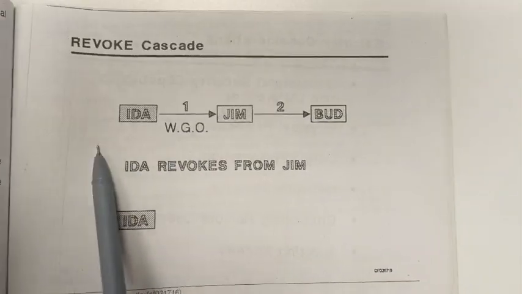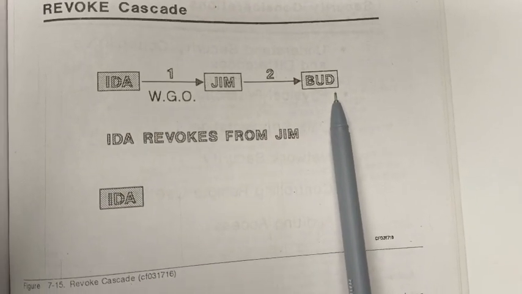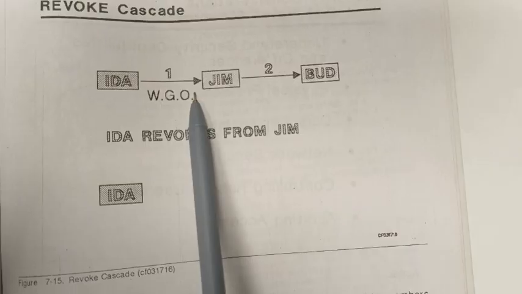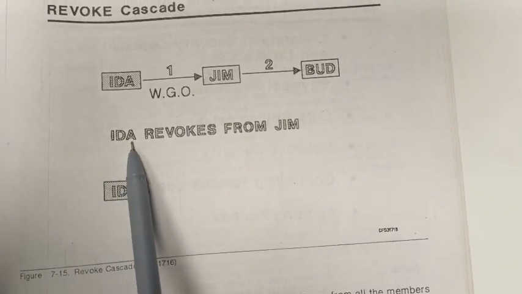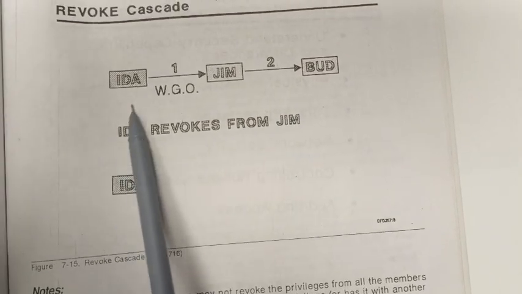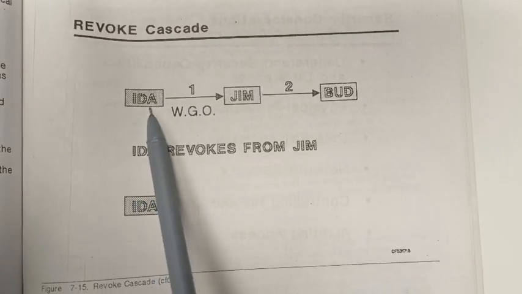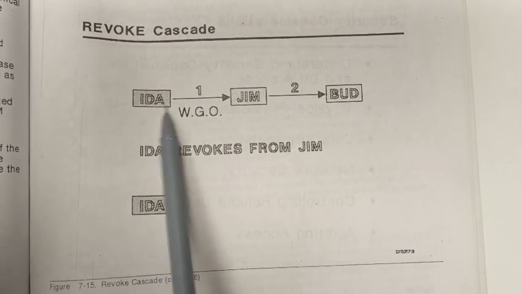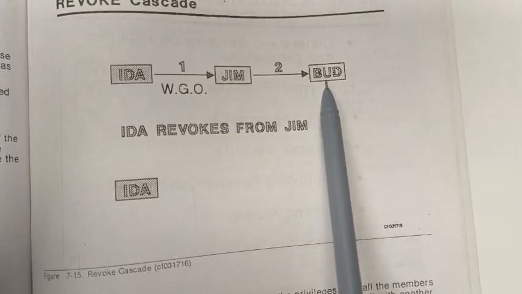This is a sample of revoke cascade. Whenever you give access to multiple users, like granting access from IDA to one user here and a second user here, I can directly revoke from Jim. What will happen? It revokes the whole chain of whatever I granted earlier. IDA granted access to Jim, and Jim has given access to Bud.